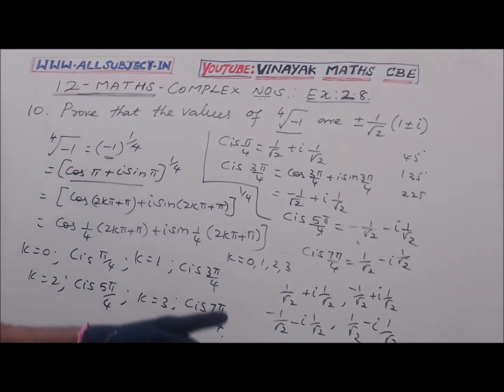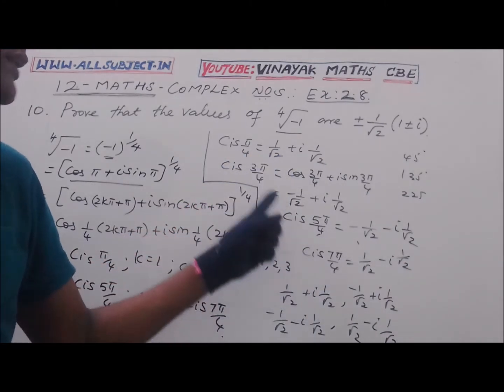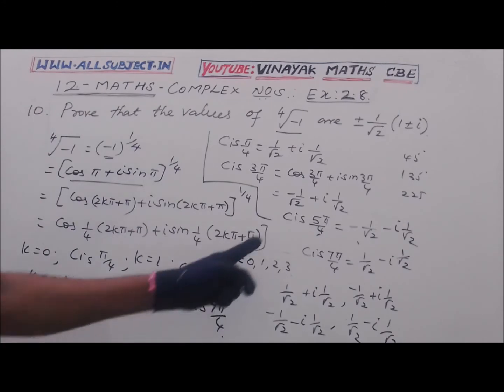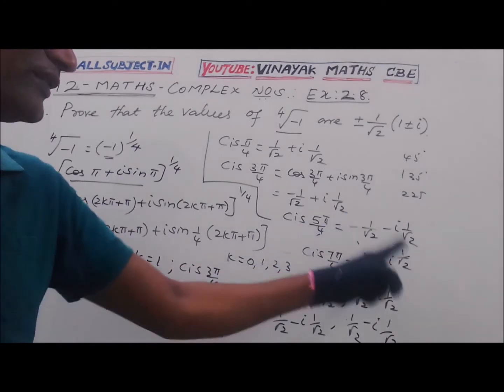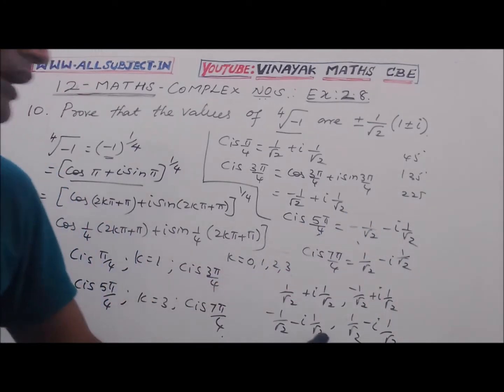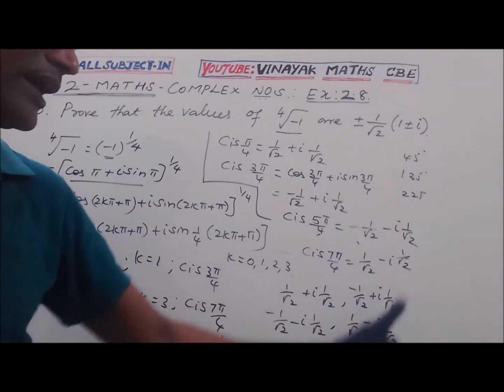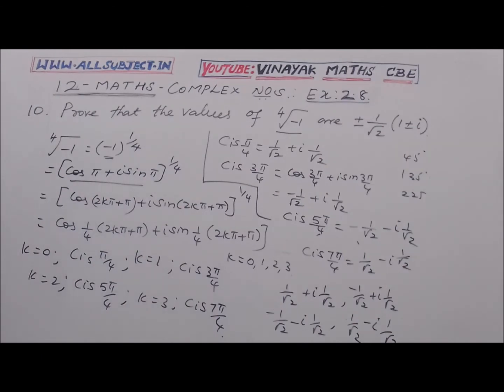According to the quadrant it will vary. Pi by 4 means first quadrant, then 3 pi by 4 means second quadrant, so minus plus, and 5 pi by 4 means third quadrant, both are negative, and the fourth quadrant is plus minus, so 1 by root 2 minus I 1 by root 2.